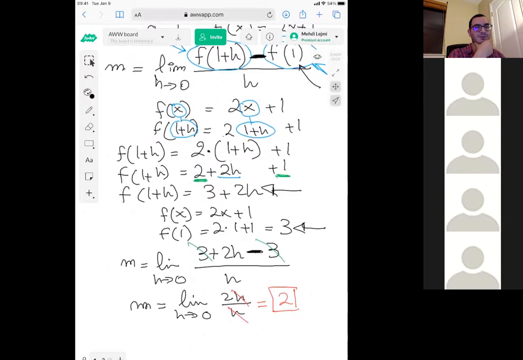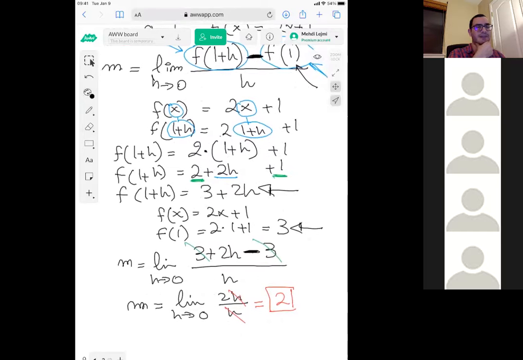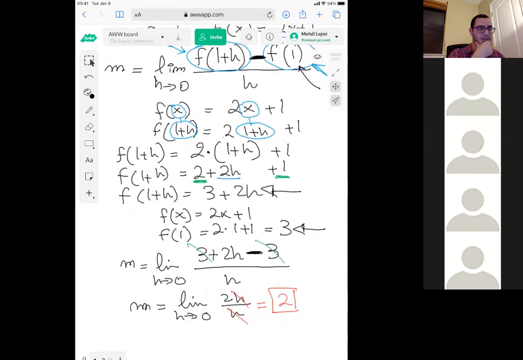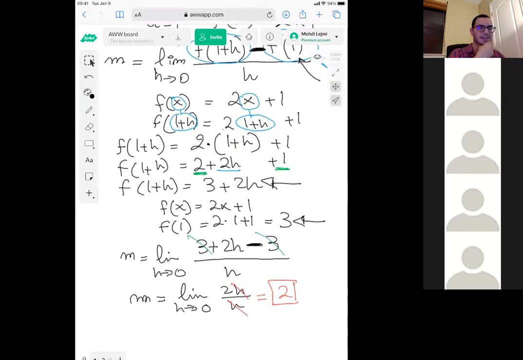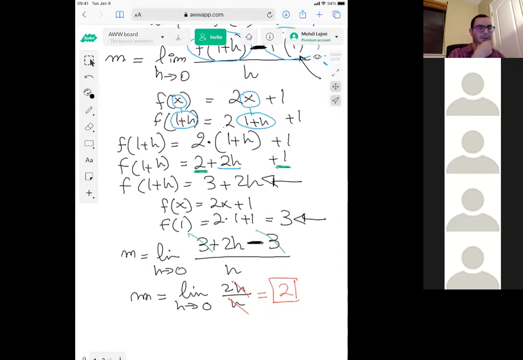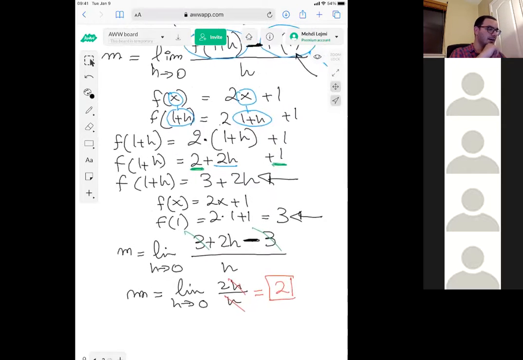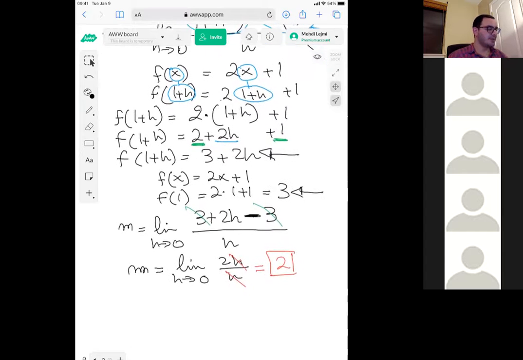Or for example, if m is equal to infinity, then it's undefined, so it does not exist. So when I say m exists, it means m is equal to some finite number. But anyway, we'll see in the next example, m do not exist.